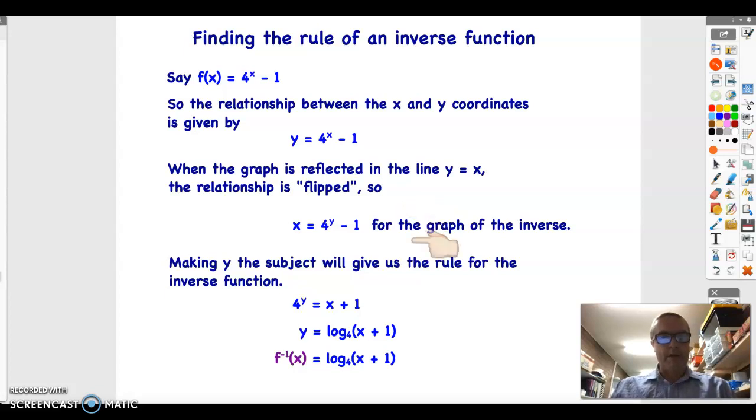Then I can go about making y the subject of that equation. In this case, I'm going to have to use a logarithm. So I've got 4 to the power of y is equal to x plus 1. Solving for y, that means y is the log base 4 of x plus 1 in brackets. And it's that equation that tells us that the inverse function is the log of x plus 1.